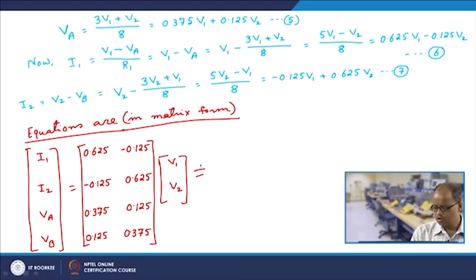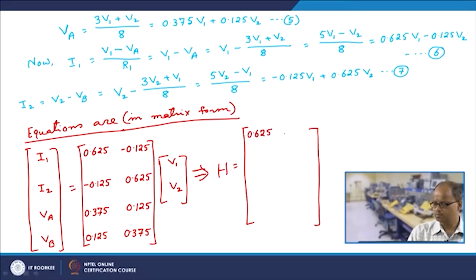So, my H matrix is given by 0.625, minus 0.125, minus 0.125, 0.625, 0.375, 0.125, 0.125, 0.375.